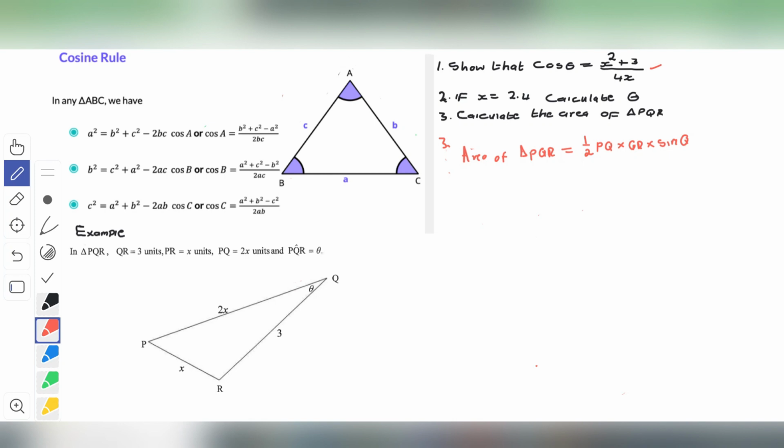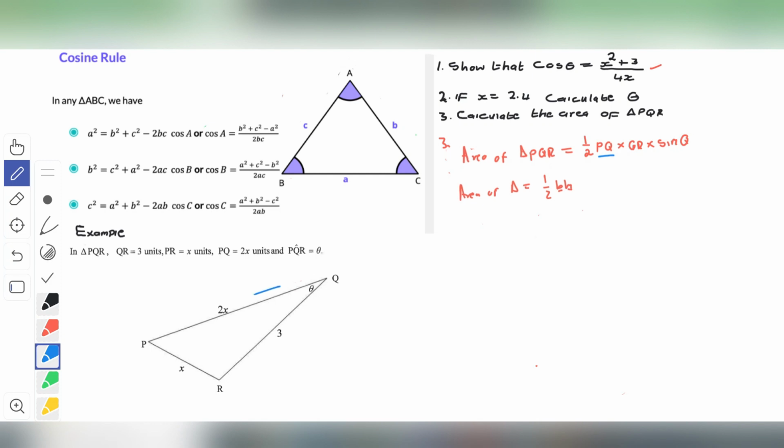So remember, guys, whenever we're calculating the area of a triangle, we're using 1 over 2 breadth multiplied by height, which these two sides we can also call the length, right? So even here, guys, we have two lengths. We have the length of PQ. Can you see the length of PQ? It's here.